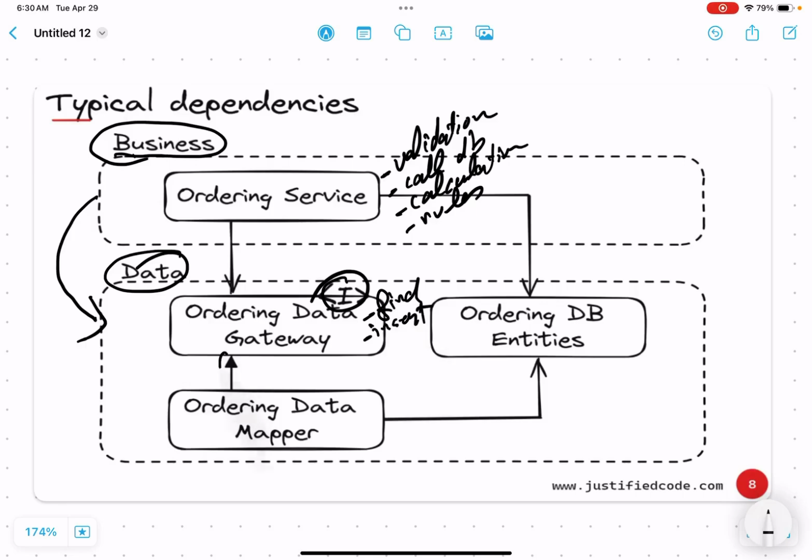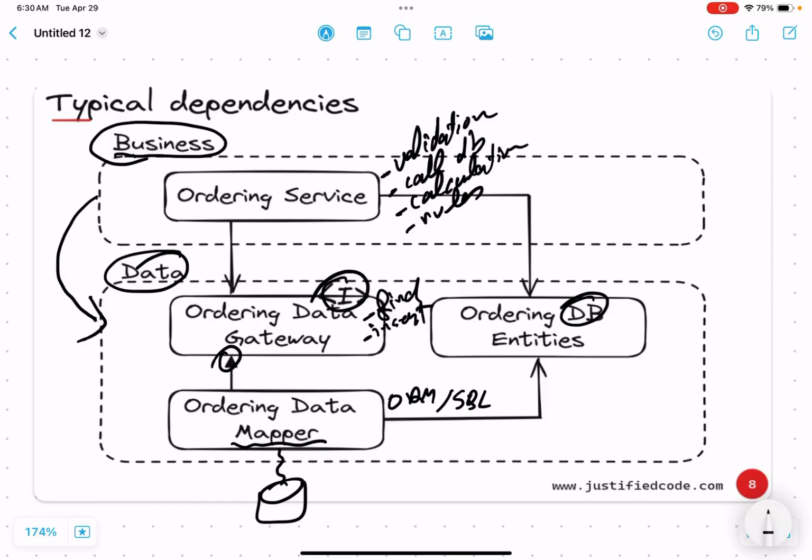That interface is implemented by a data mapper here that is responsible for communicating with the real database. This mapper uses ORM code or inline SQL to build DB entities out of the database schema.